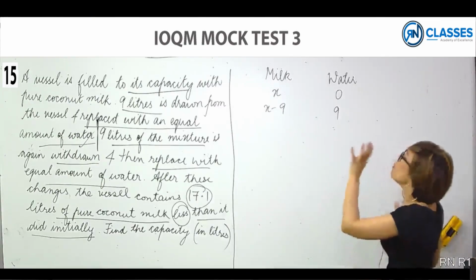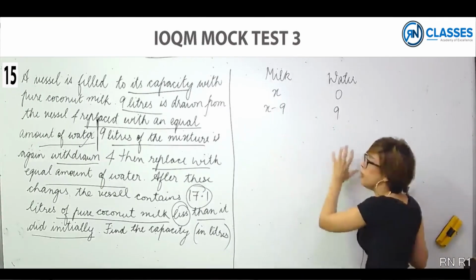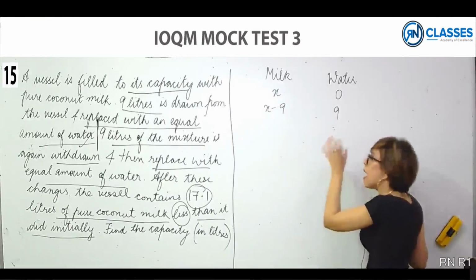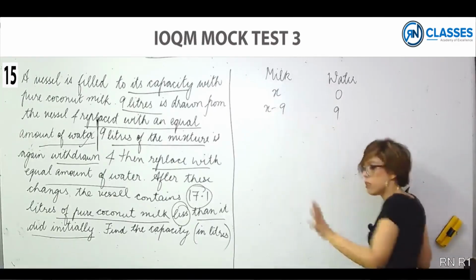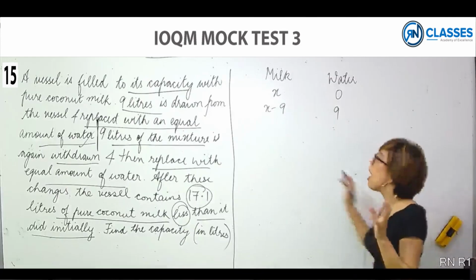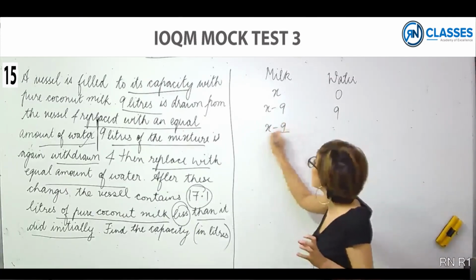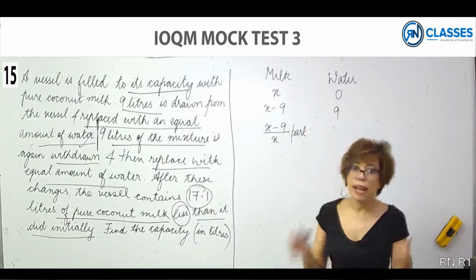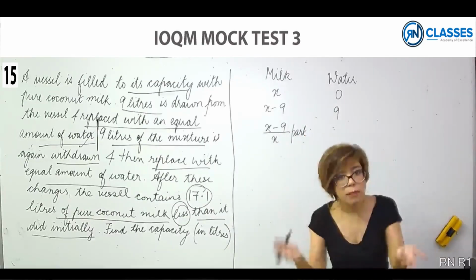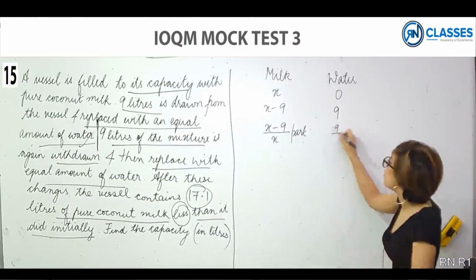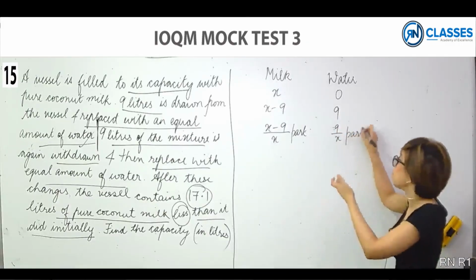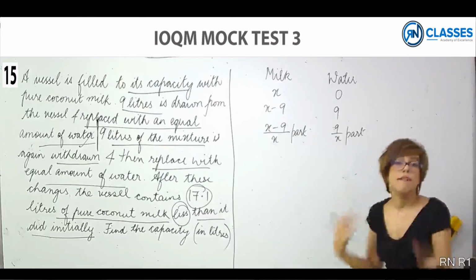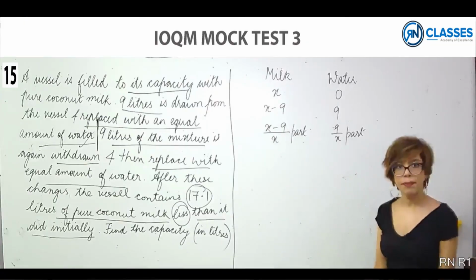So, if the total capacity of the vessel is X, and I know that we have X minus 9 liters of milk, that means X minus 9 by X part of the vessel has milk, and the remaining, that means 9 divided by X, is the part of the capacity of the vessel that has water in it, right?